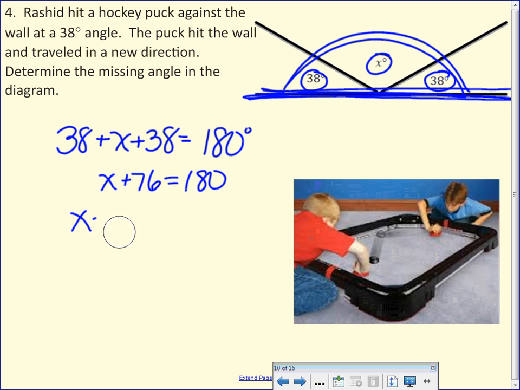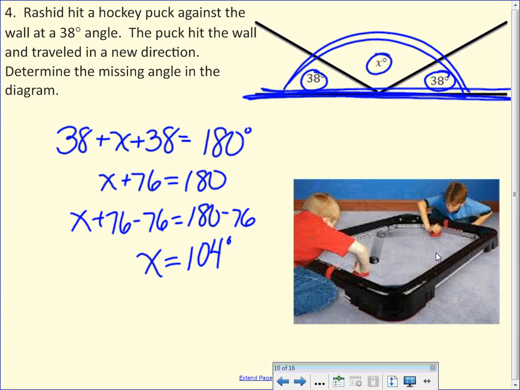Whoops. Subtract 76 from both sides. And what does x equal? 104 degrees.